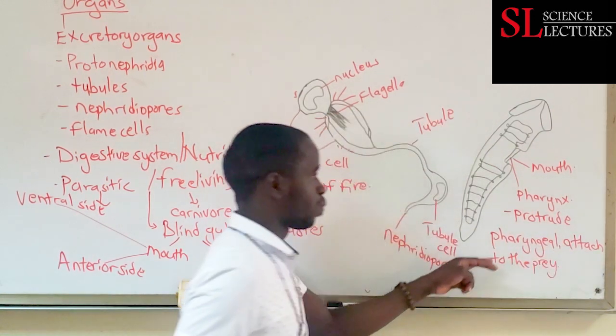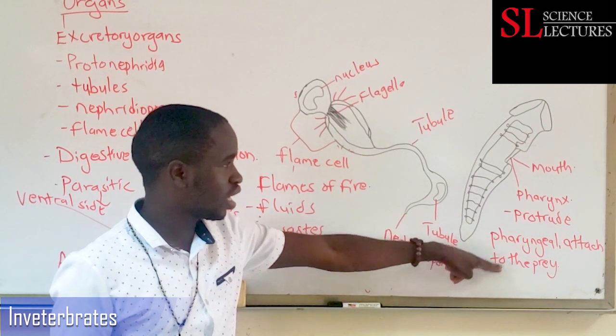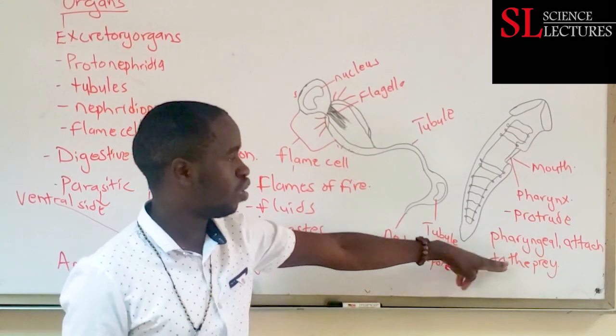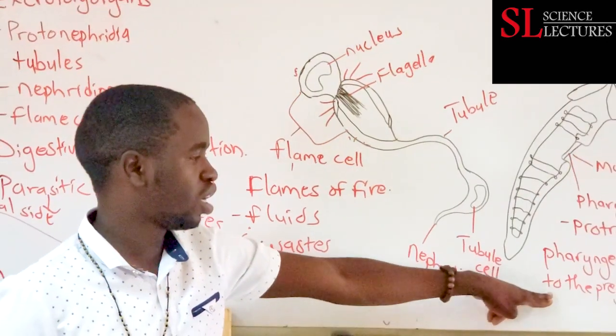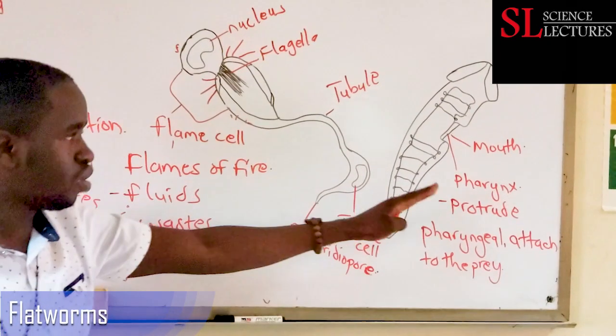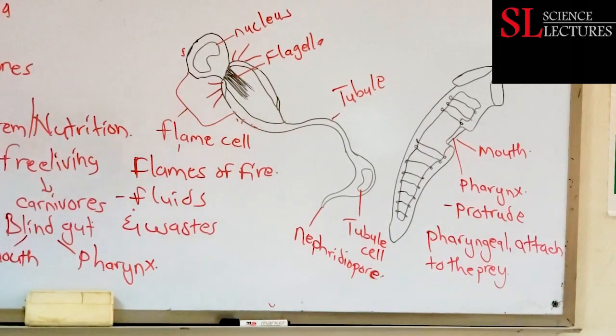When it attaches to the prey, there will be extrusion of enzymes. Then these enzymes shall break down the prey. Then there will be absorption of nutrients that have been broken down. That is why these organisms have both internal and external digestion. Then that is for the free living ones.